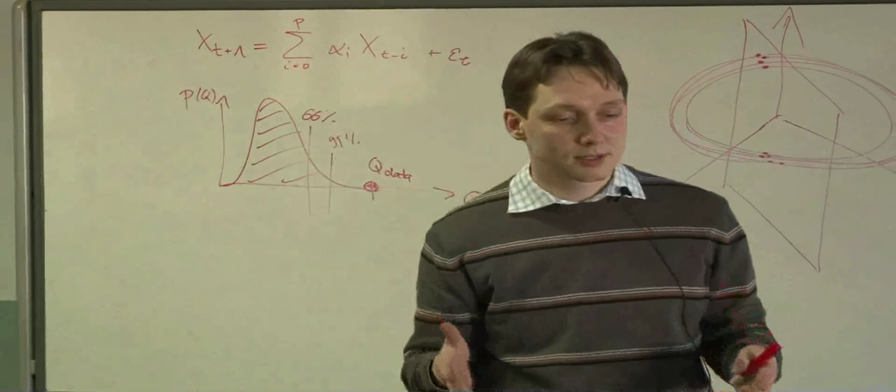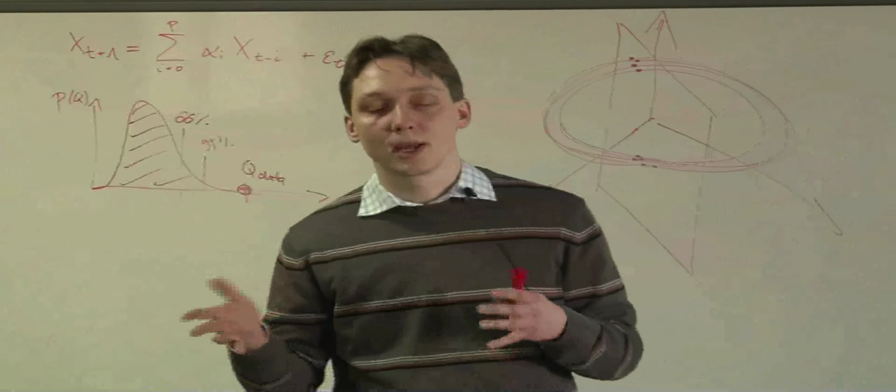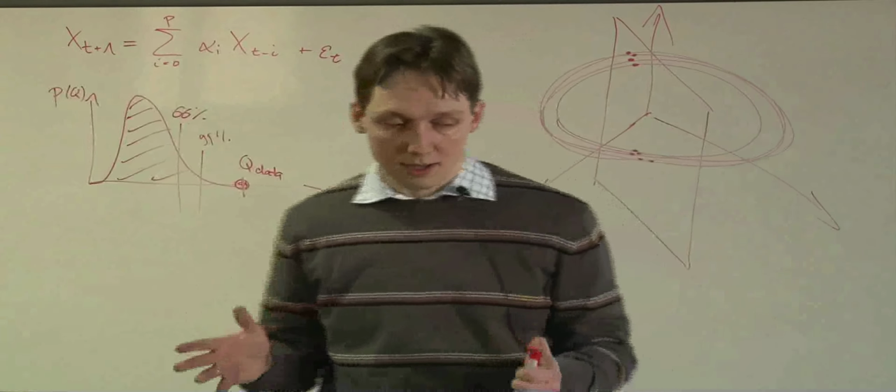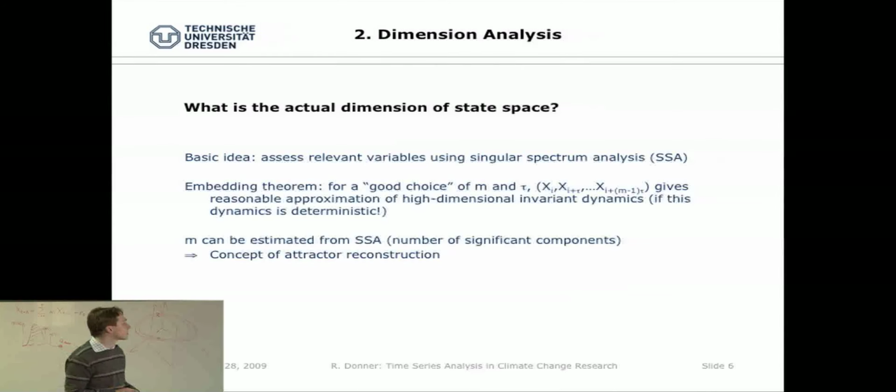If we know this, we have an estimate of how many relevant dimensions contribute to our phase space. So that's the idea of this so-called embedding theorem of Takens.